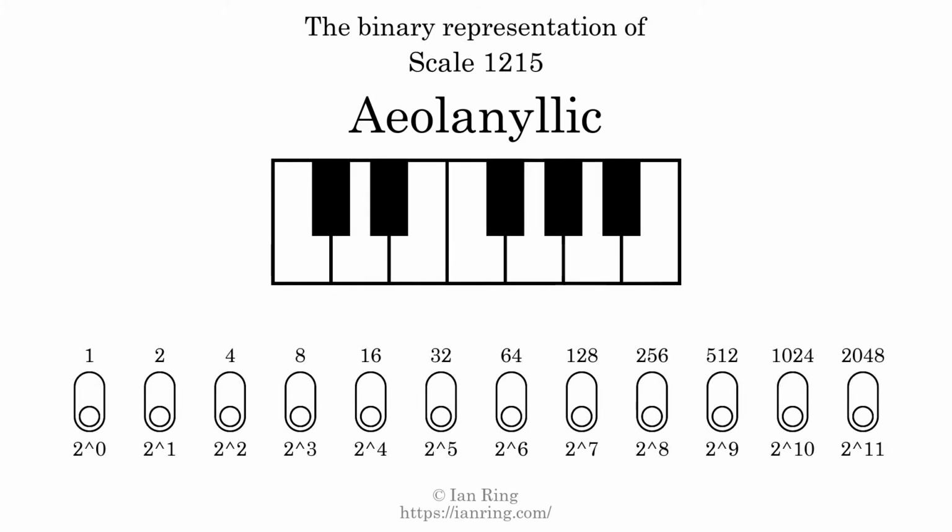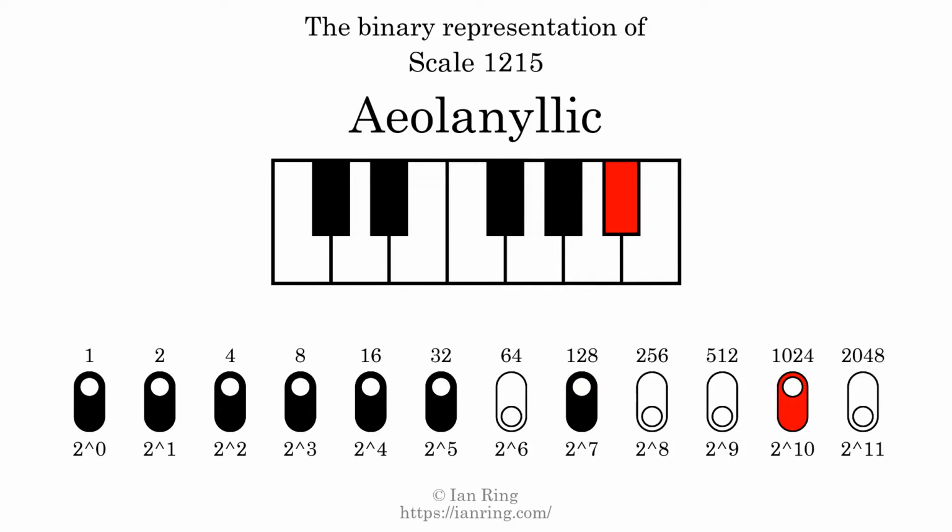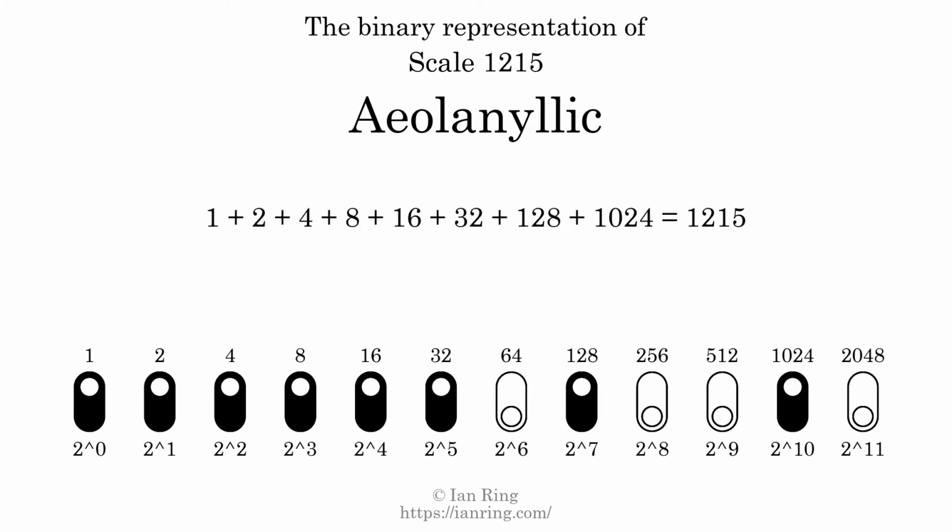The binary representation of this scale is determined by mapping tones of the scale to binary digits. Each binary digit represents a power of 2. To get the scale number, we add the powers of 2 together. The powers of 2 that are present in the scale, all added together, equals 1215.